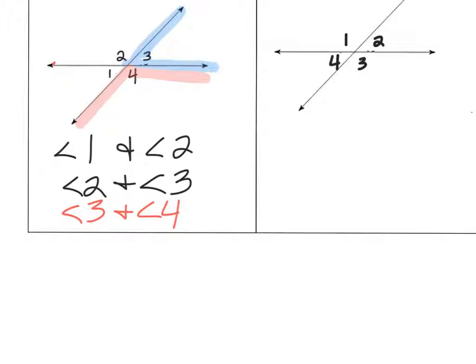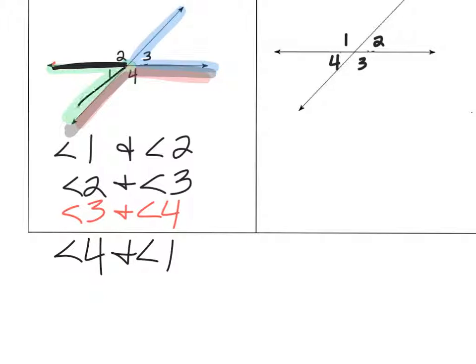And finally, you have this line here that I've highlighted in black, angle 4 and angle 1. So those are all pairs of adjacent ones. So you see they share a common side, they meet at the same point.